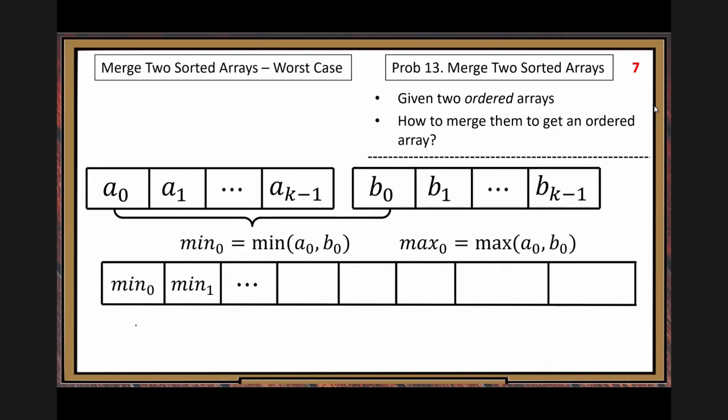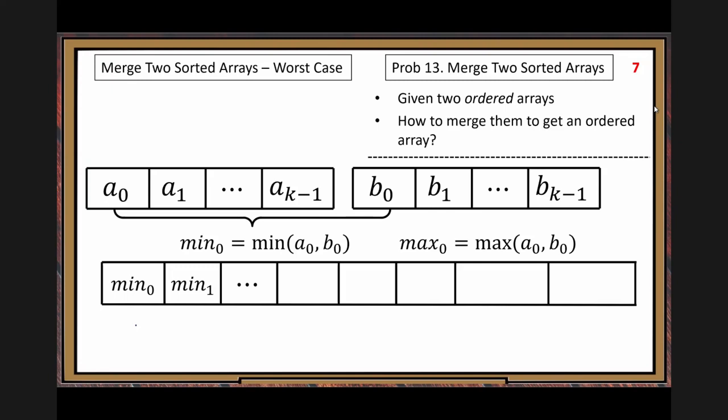Every comparison, we can put at least one element in place. That's the minimum we can do. Why do I say the minimum? Because we have a chance to do better than that, to do better than just putting one element in place after one comparison.